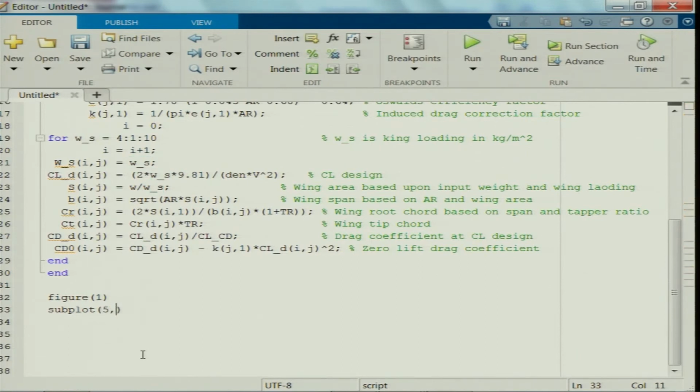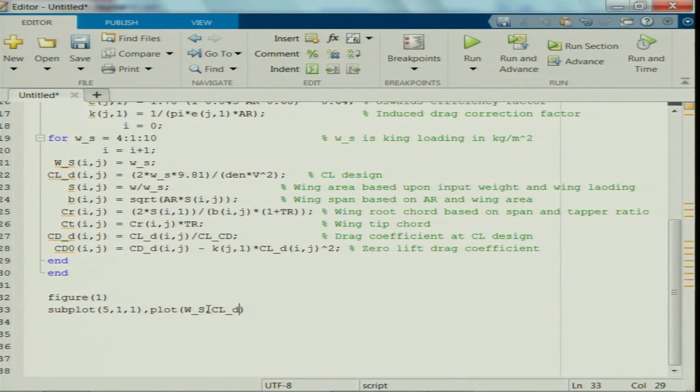So, let it be 5, 1, 1. Okay. So, what I am going to plot is wing loading. So, this is small capital W underscore S, again this is in kg. So, this is WS. So, wing loading and how CL design is varying, right.